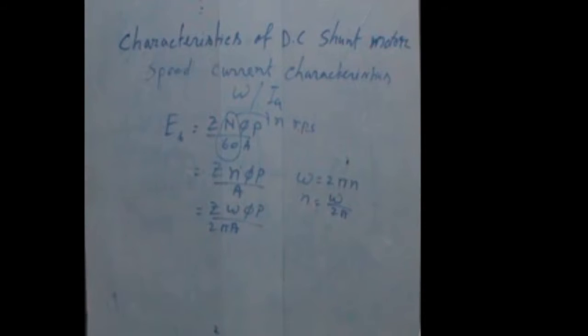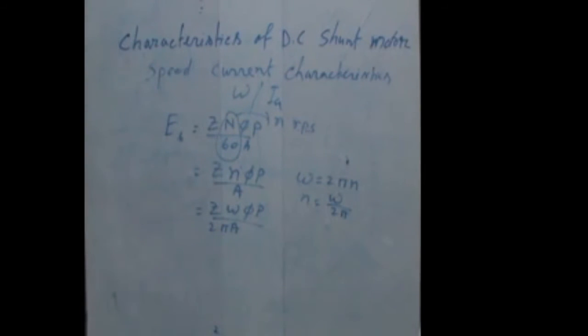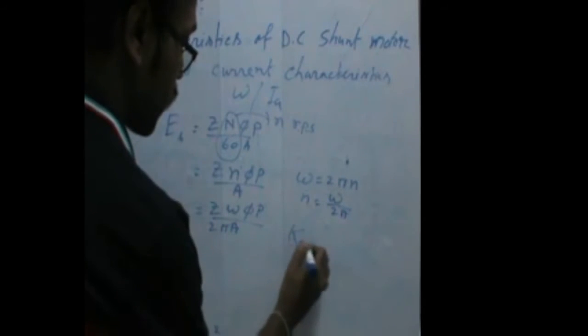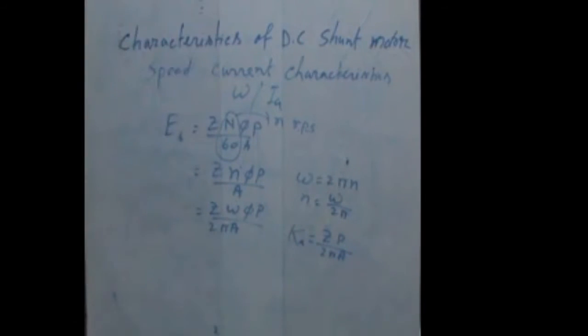Now our interest is omega, that is the speed. We are going to draw speed current characteristics, so our main point of interest is omega. Now Z is a constant, P is a constant, and 2 pi A is also constant. So all constant terms, Z P by 2 pi A, will give a constant that is called armature constant Ka.